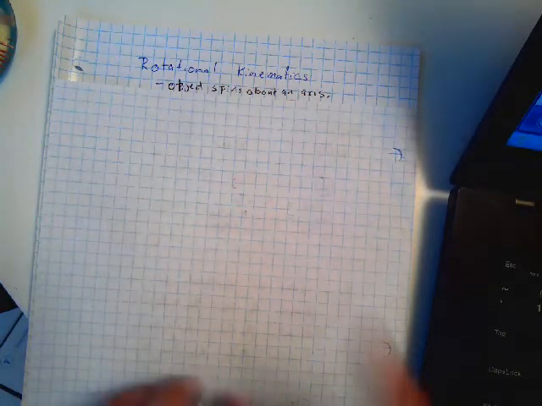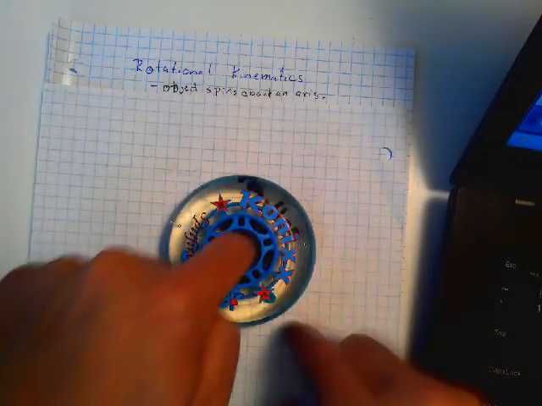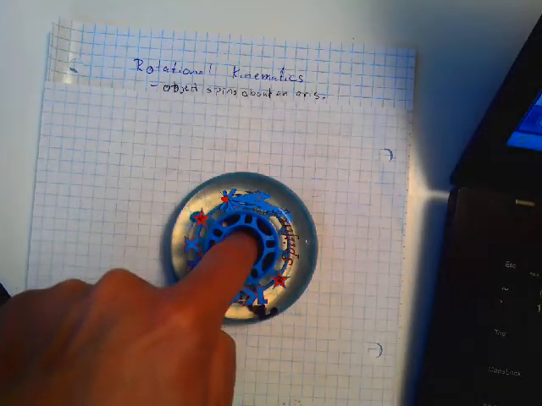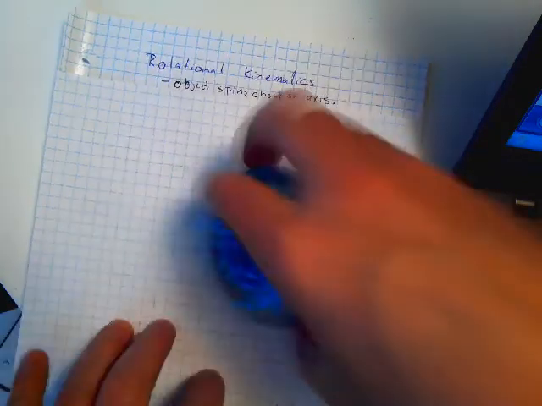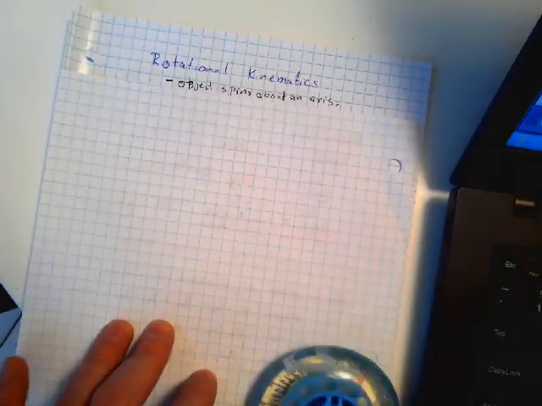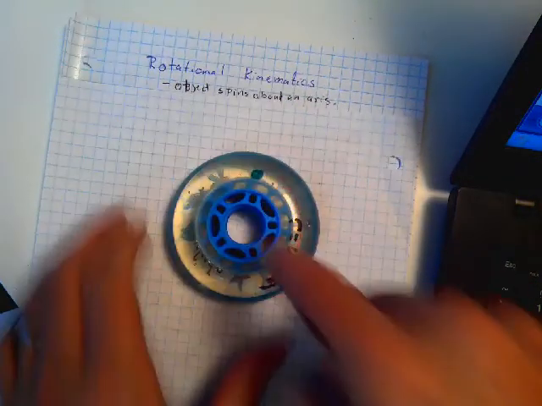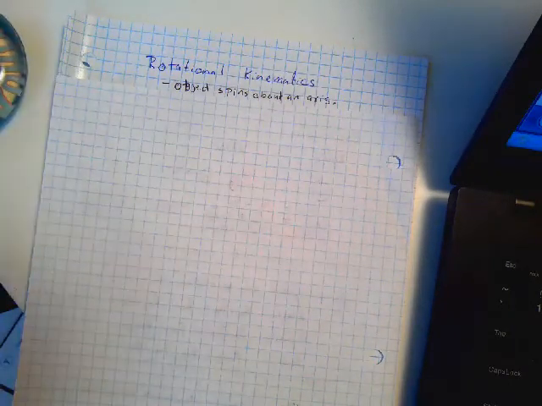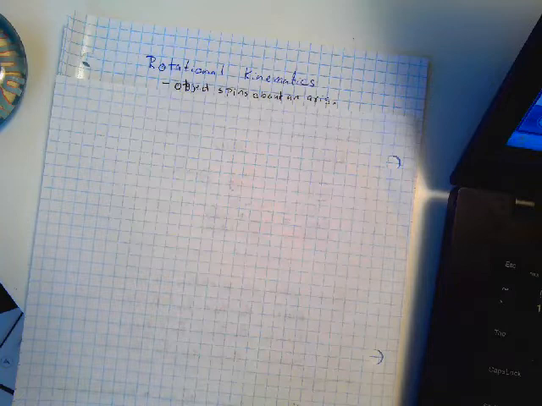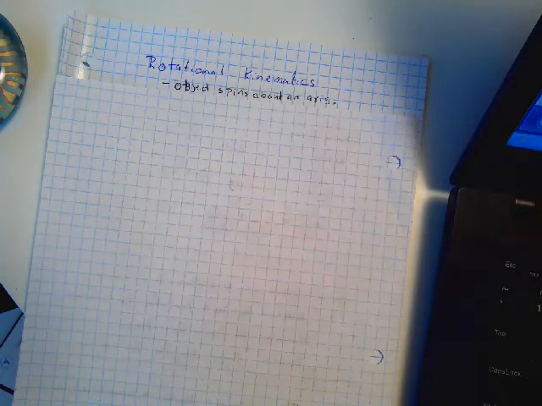First off, when we talk about rotation, rotation is anytime I have any object spin about an axis. So this would be a rotating object. It can rotate on several different axes, but since it's a wheel, we're going to use it how it was meant to be used. Now, since we're talking about rotation, we've got to define which way a positive rotation is and which way a negative rotation is.